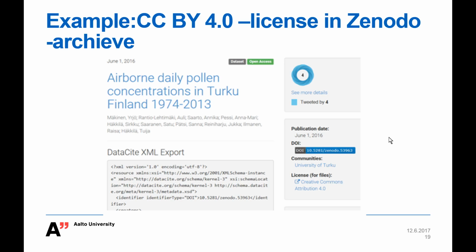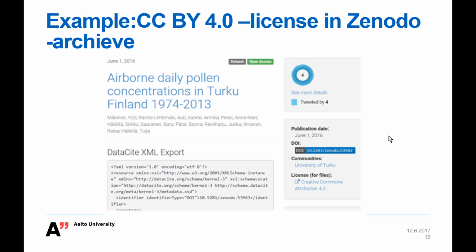So this data can be used for any research purpose, including commercial uses, but you have to cite and attribute the researchers who have produced this research data.